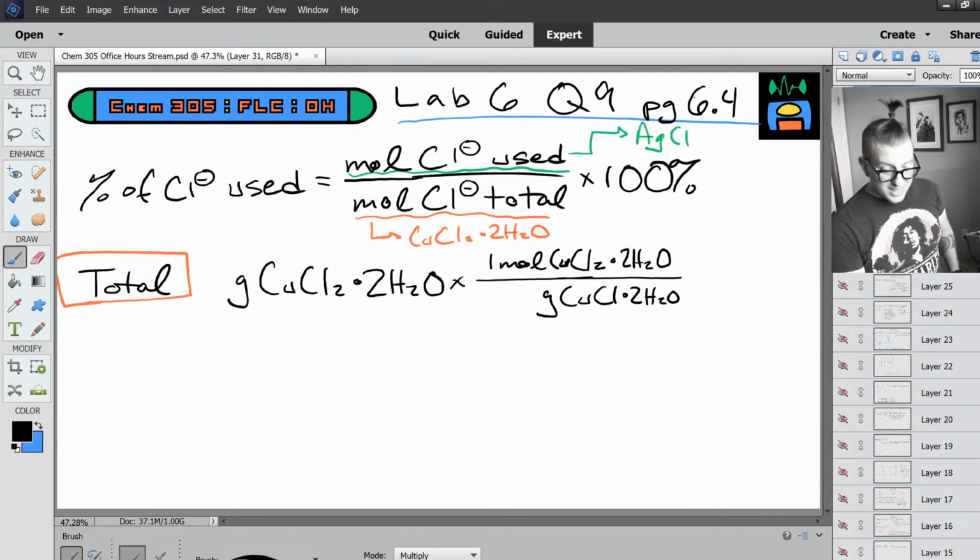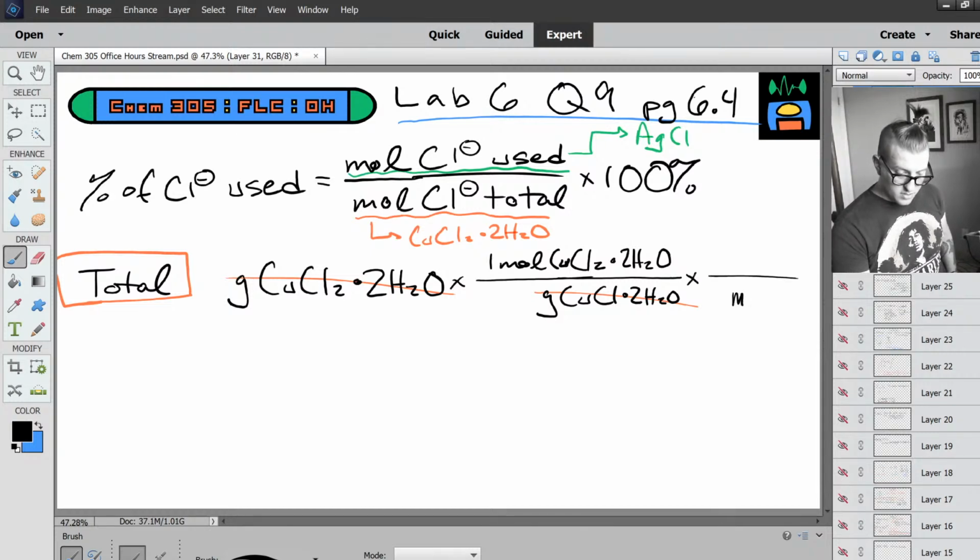All right, then, so these two would cancel. But then you don't want moles of copper 2 chloride dihydrate. You want moles of just chloride, right? We want to know just the moles of Cl minus.